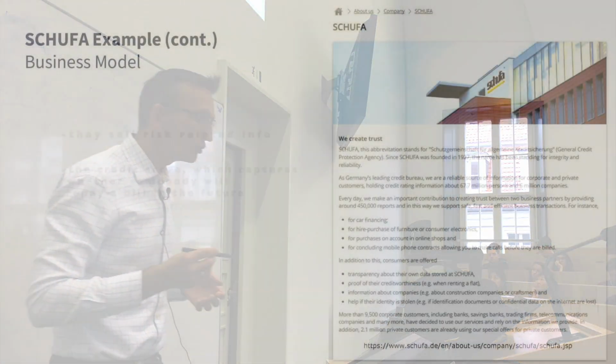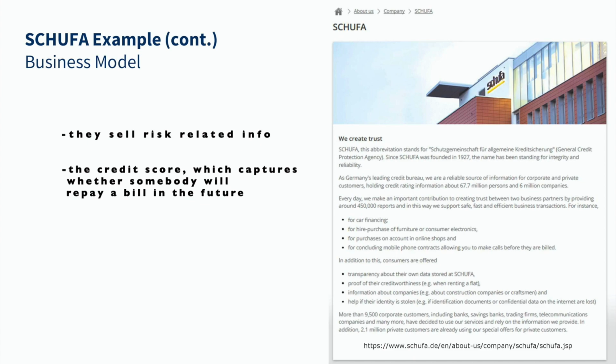The credit score, you were saying, captures whether somebody will repay a bill in the future.